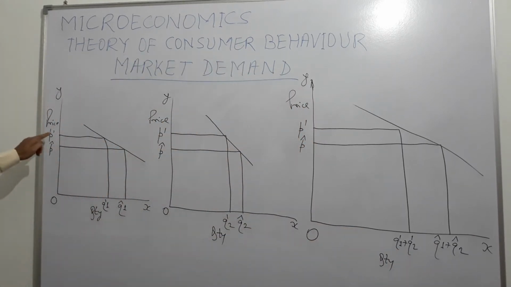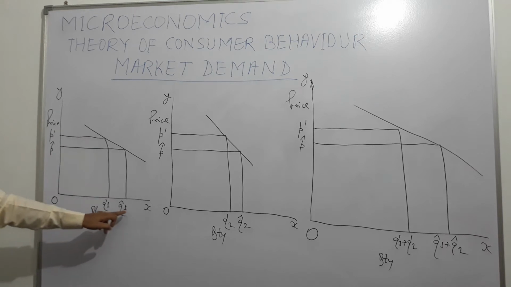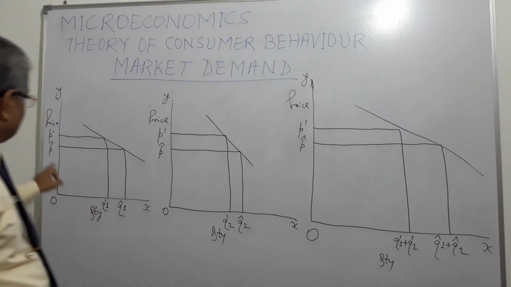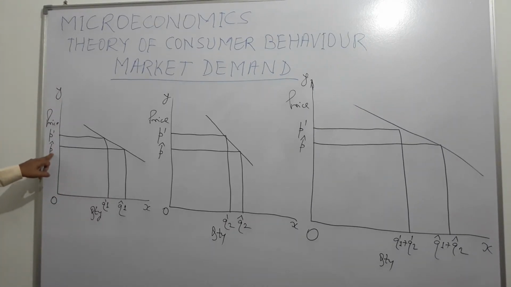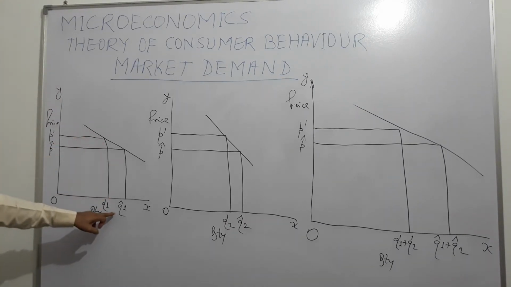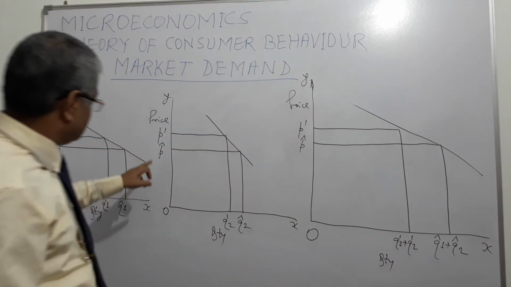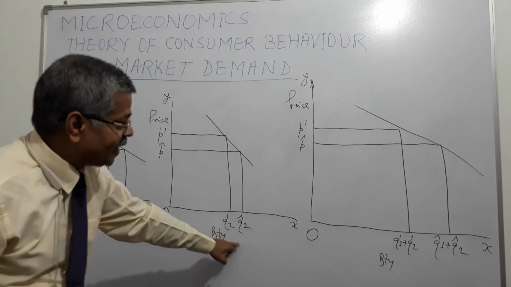At P hat, the summation is Q hat 1 plus Q hat 2.